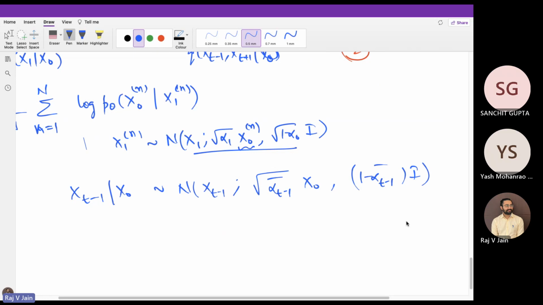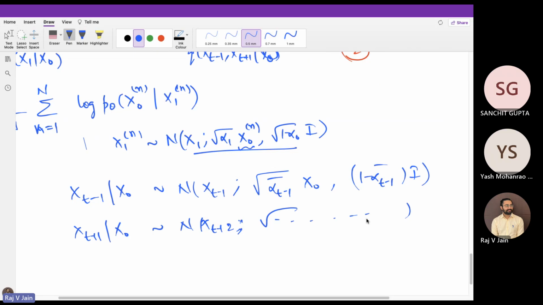And then again x_{t+1} given x naught, that same thing. If we use different generating processes that are not combined, then x_{t-1} and x_{t+1} will be independent.